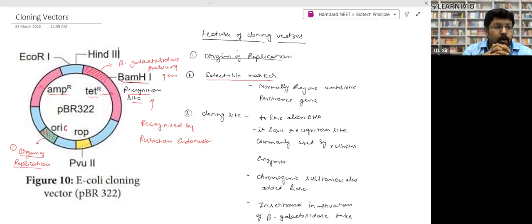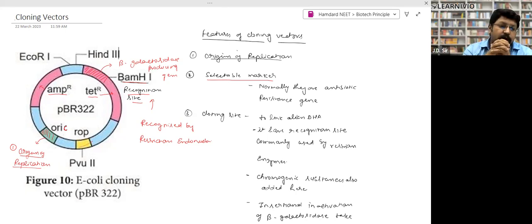Plasmid is semi-autonomous for its replication, meaning it can replicate itself. Why semi-autonomous? Why not completely autonomous? DNA is autonomous. DNA can replicate itself. Its replication does not depend on anything else, only on DNA itself.